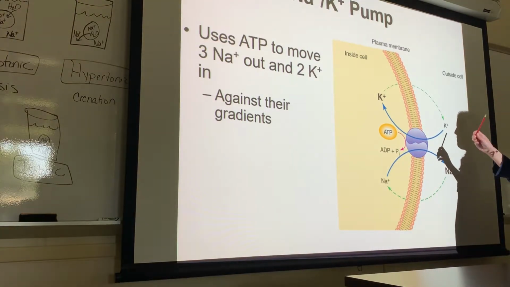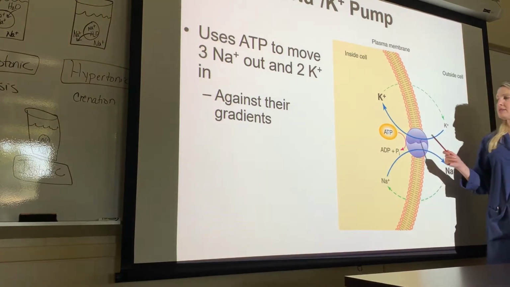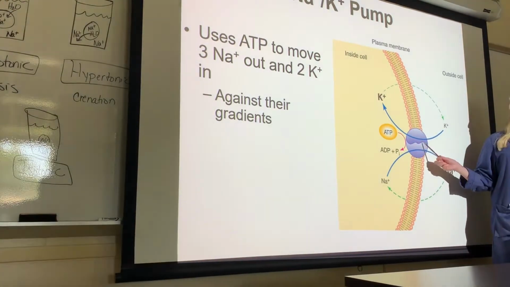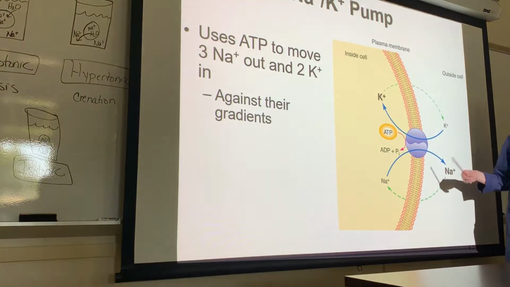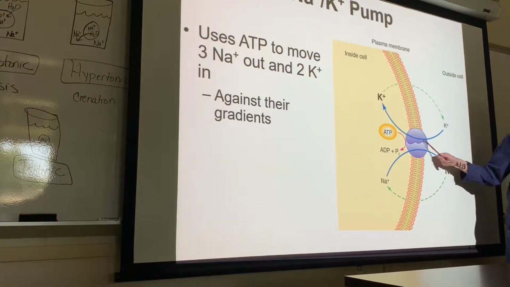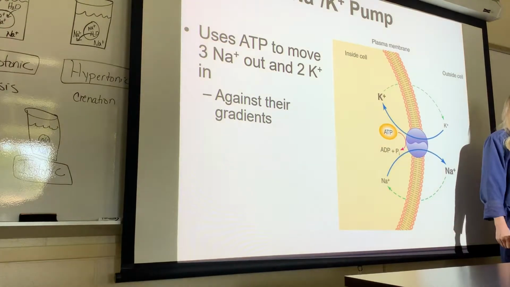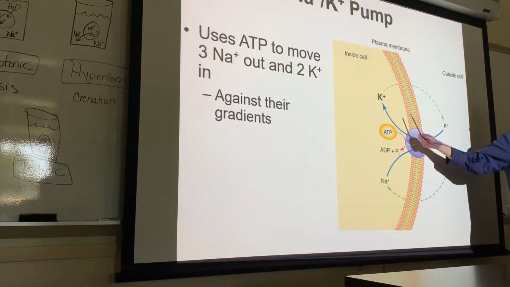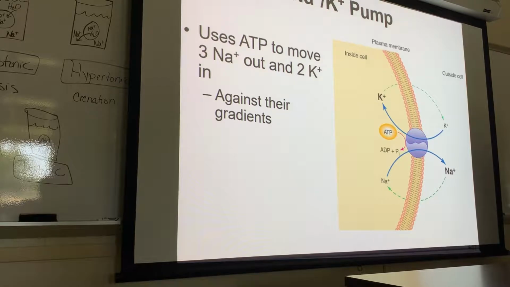What the sodium-potassium pump does is it uses ATP energy, and every time the pump works, it pumps 3 sodium ions out of the cell and 2 potassium ions into the cell. And what this does is it establishes a high sodium concentration outside the cell and a high potassium concentration inside the cell.